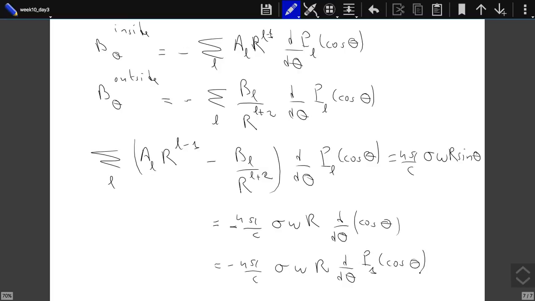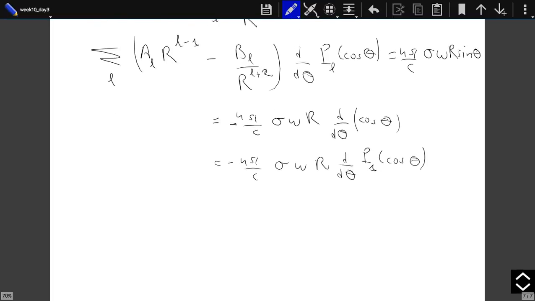Well, again, P Ls are orthogonal. They're complete. Their derivatives will be orthogonal, complete, etc. So their coefficients should be equal on both sides. A L R to the power L minus 1 minus B L over R to the power L plus 2 should be equal to 0 if L is not equal to 1.